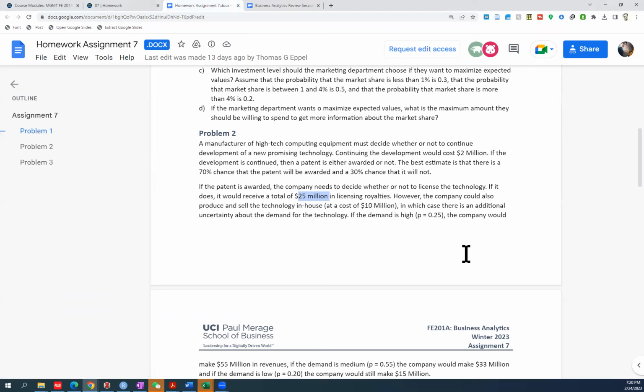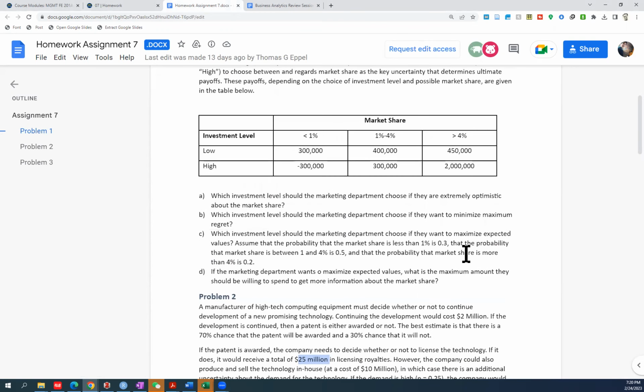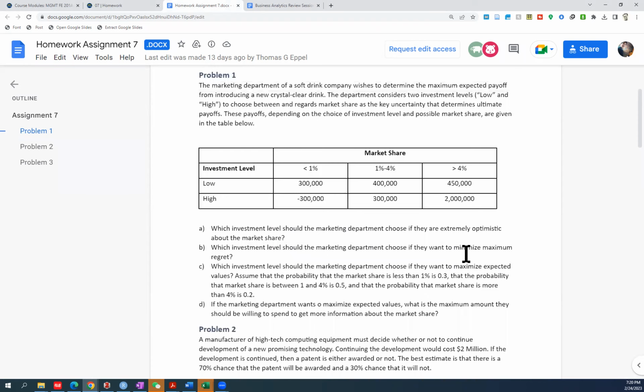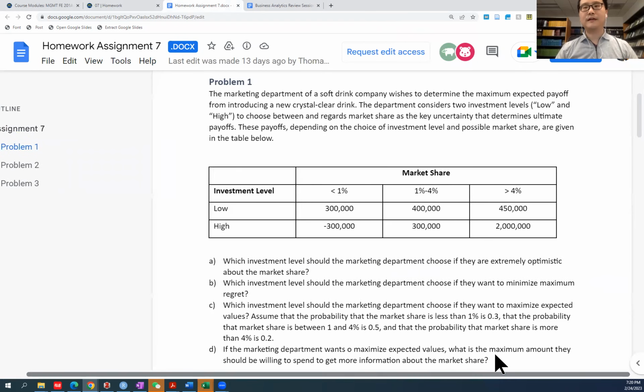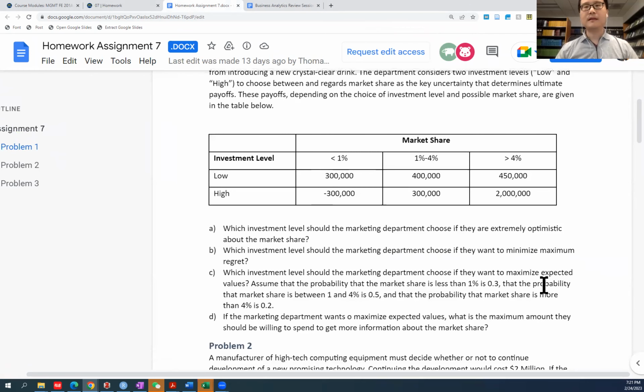Jerry, I joined a few minutes late. I have a question on problem 1. I think I'm stuck in the last part of the question. Okay, the last part is about expected value of information. How did you plan to address this question, though, if you have any ideas?